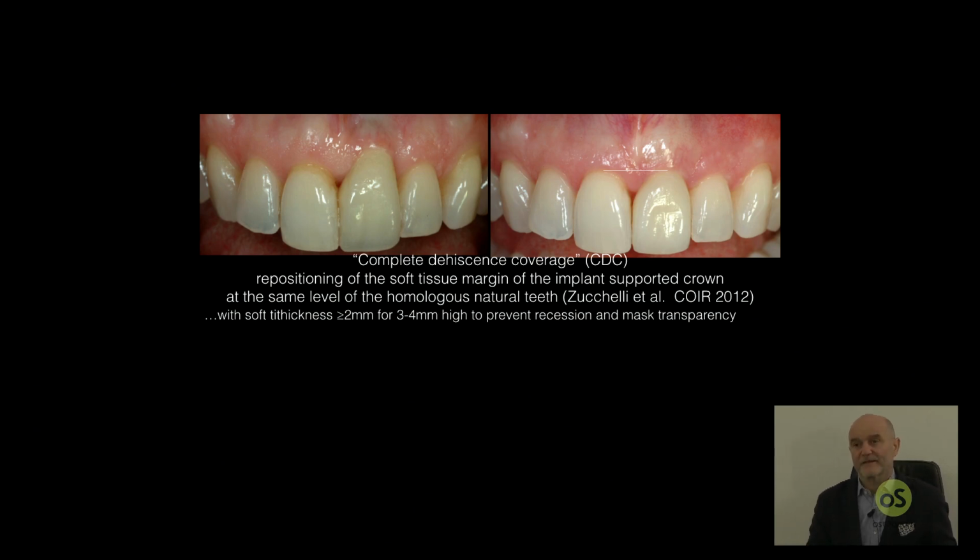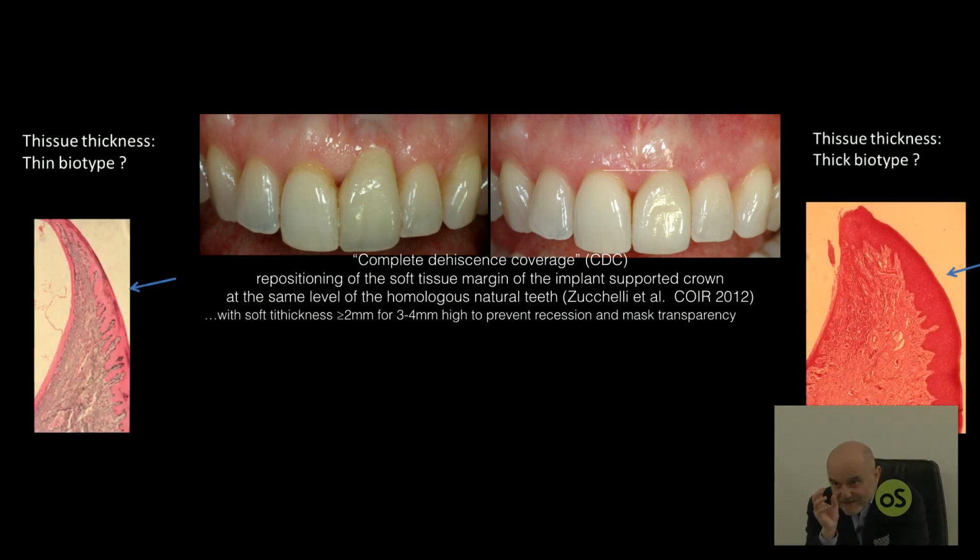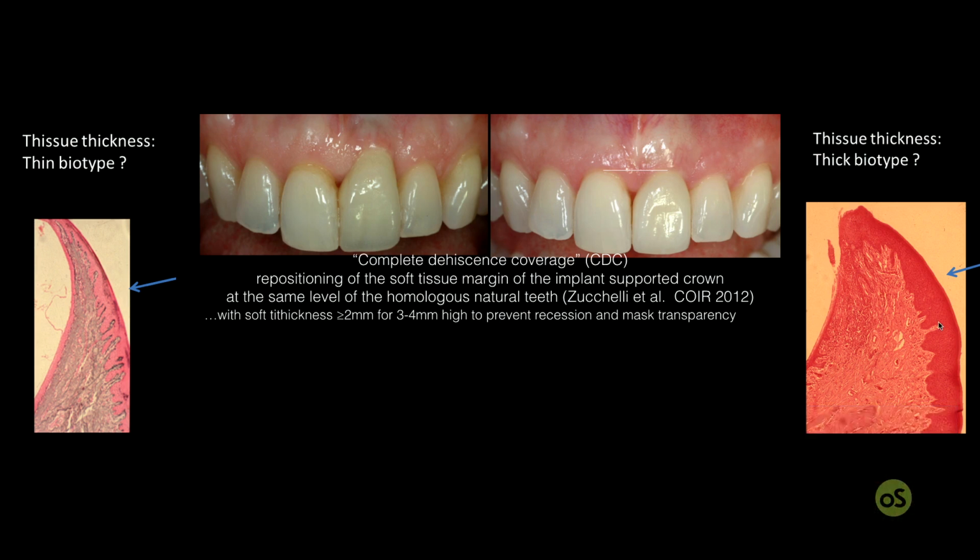And this right thickness means that starting from the soft tissue margin in apical direction, it should be greater or at least equal to 2 millimeters. Because you see in two different biotypes, if you have a very thick soft tissue, the inflammatory process occupies only a part of the thickness of the connective tissue.